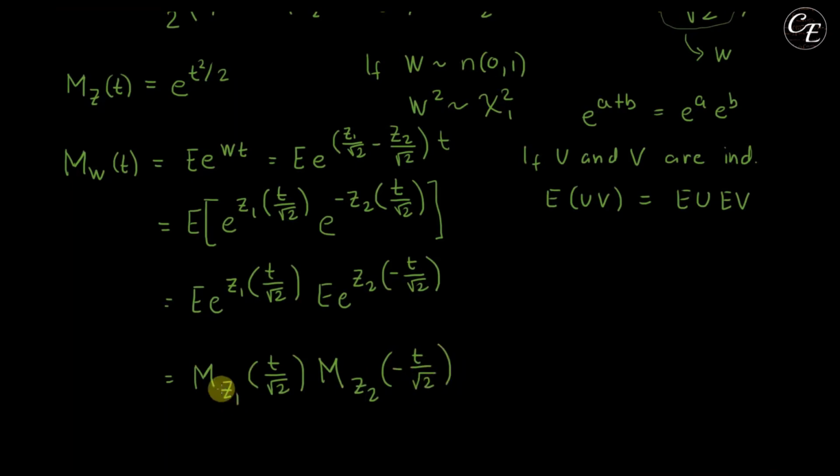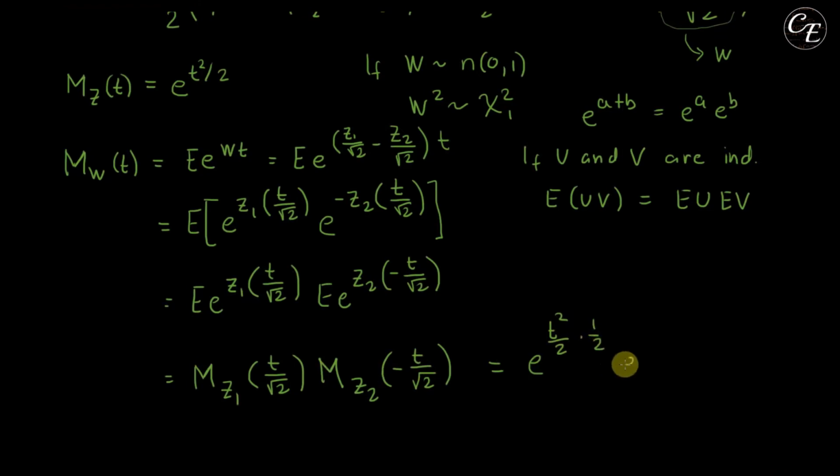Then this z sub 1, remember that it has a standard normal distribution, and also this one, so we can use this formula, but using this for t in here and also this for t in here. So we have here e raised to t squared, which is square of this one, t squared over 2, and then over 2, so we have 1/2.